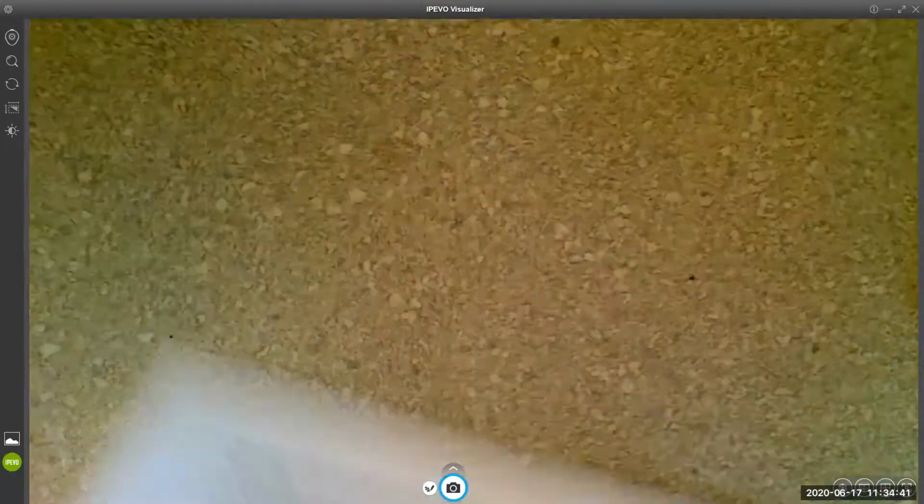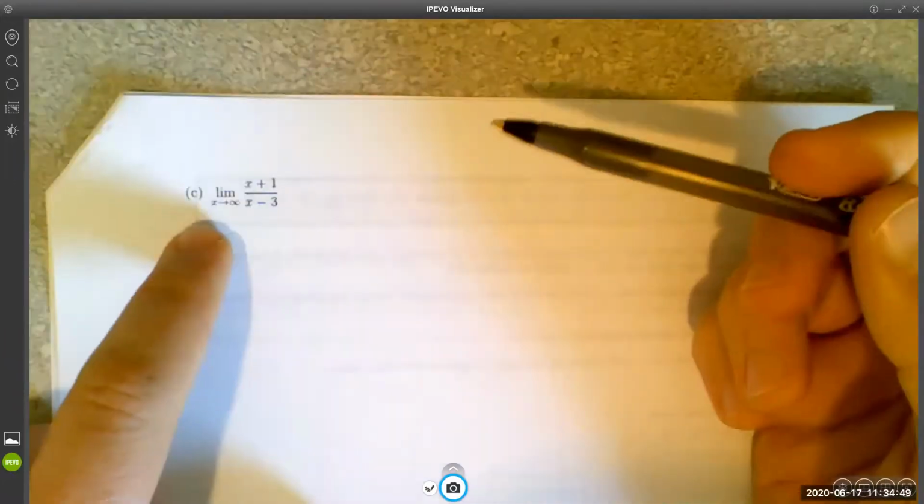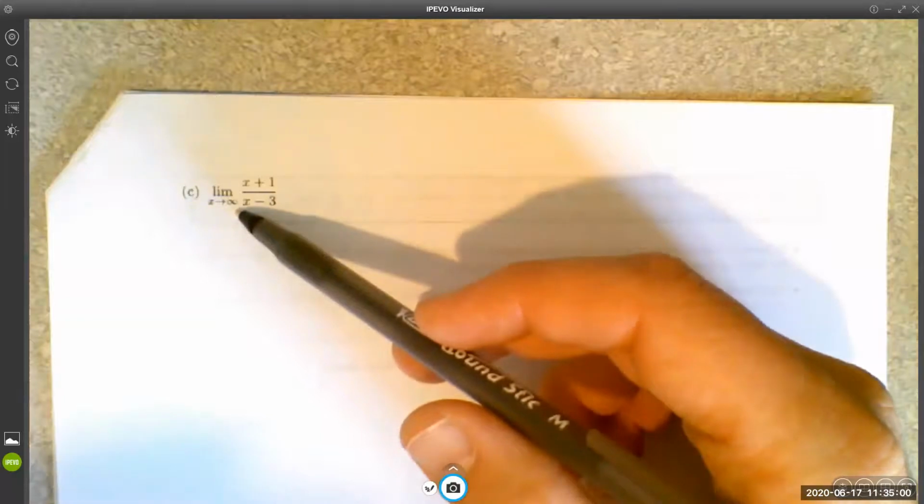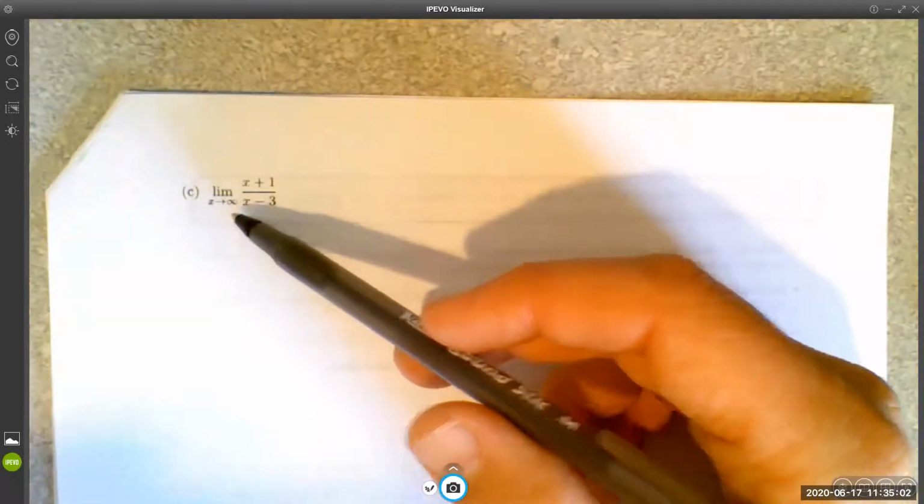Okay, a couple more of these. This is the same function as before, same function as part B, but now we're looking for the limit as x approaches infinity. When you're approaching infinity, there's no need to approach from two different directions, right? Because in order to approach infinity from the right, you would somehow have to get a number bigger than infinity, which is, of course, impossible, right?